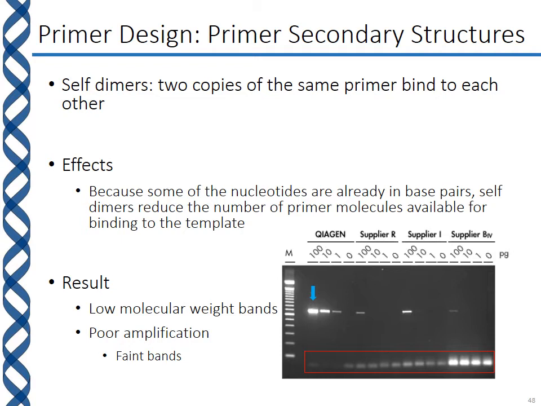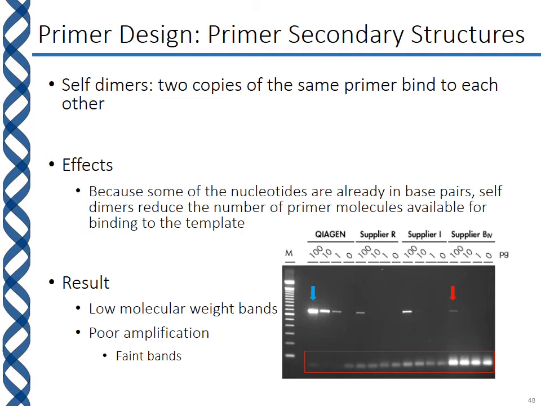We have very little primer dimer showing up. However, over in this lane where we have a lot of primer dimer forming, that takes its toll on the desired amplification.